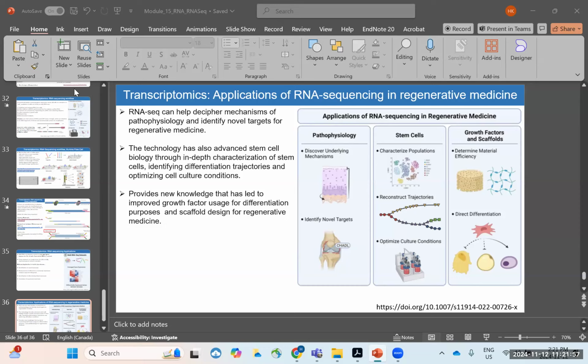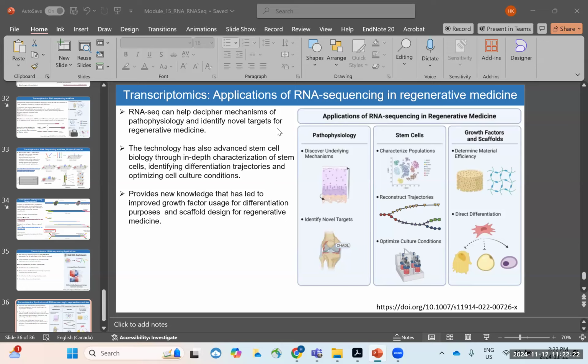I'm not going to ask you to describe the steps of Illumina, because, as I said before, Illumina is one of the platforms. There are many other platforms. Plus, you will never yourself or any researcher in the lab perform this step, because you will outsource it to Illumina.